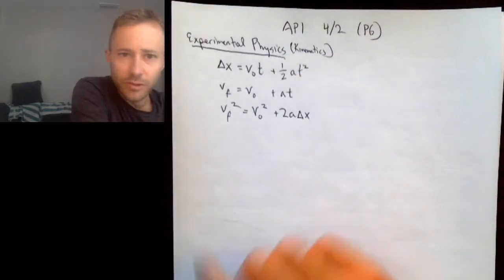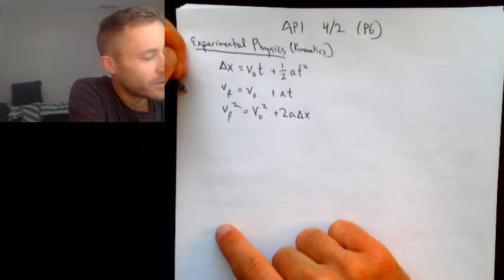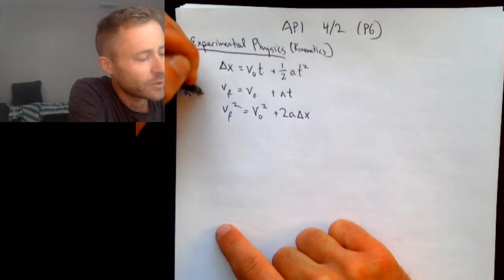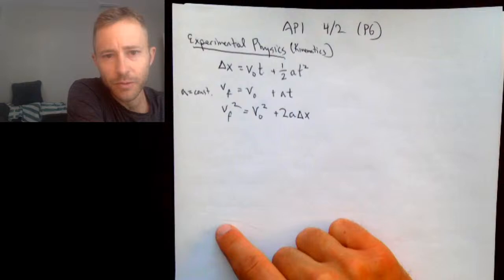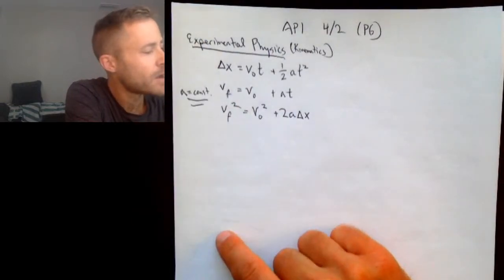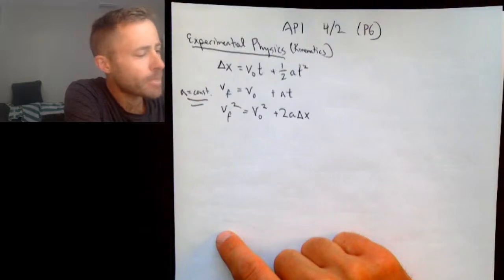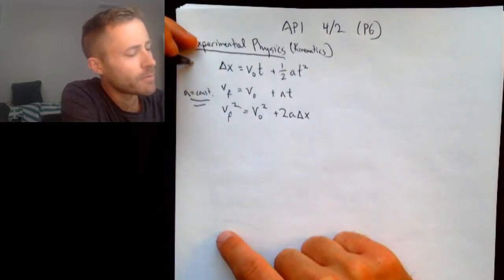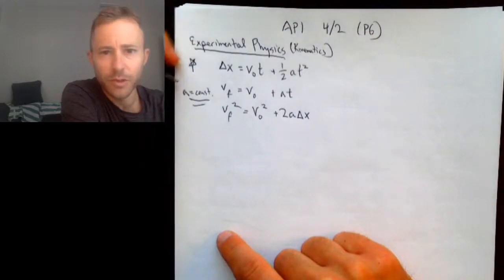These equations, of course, assume that the acceleration is constant. So if you don't have a constant acceleration, you can't use these equations. The first one is probably the most important.